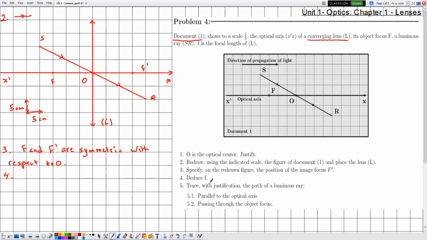Therefore we can calculate the focal length referring to its definition, which is that the focal length is the distance from the optical center to the image focus.